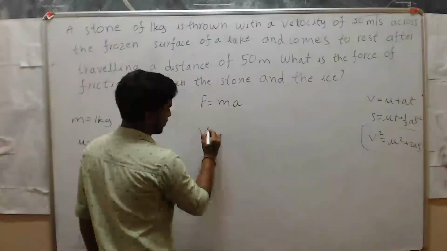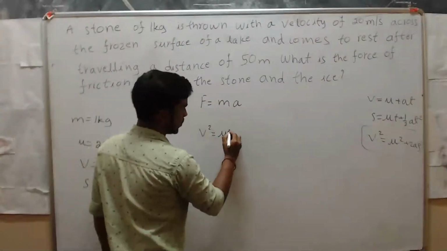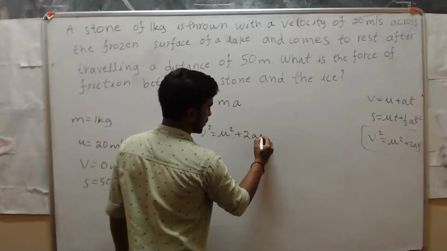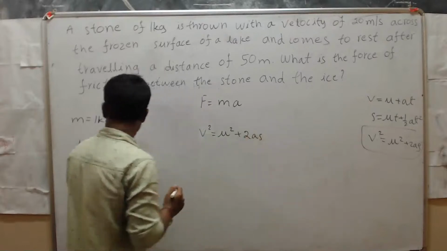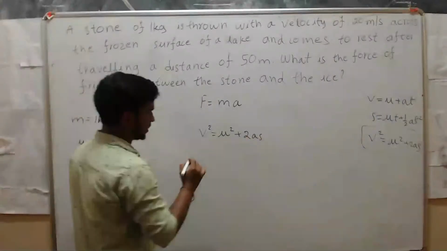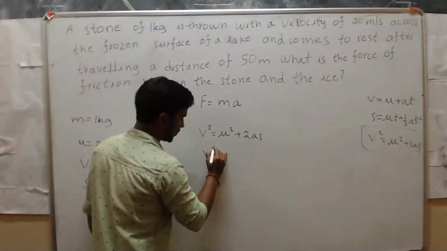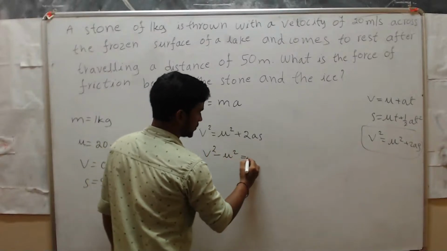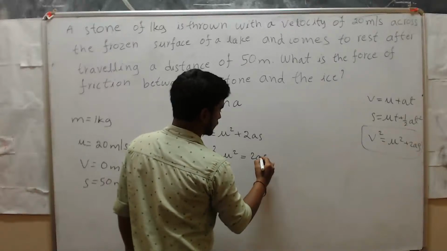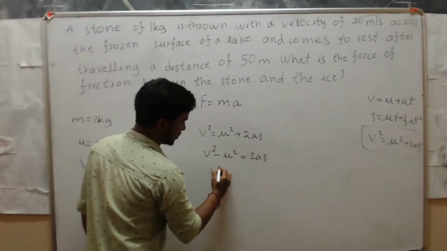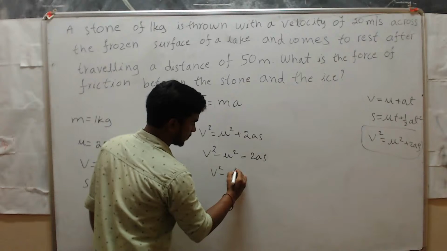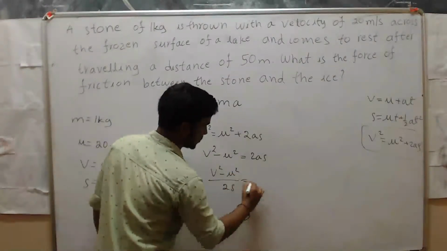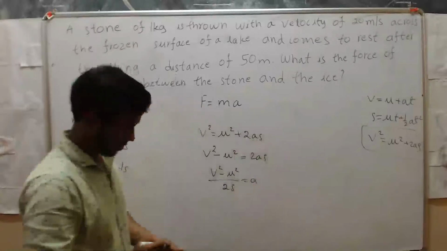So first we write the formula, v square is equal to u square plus 2as. Bring u square to this side, that is v square minus u square is equal to 2as. So bring 2s to this side. So v square minus u square divided by 2s is equal to a.